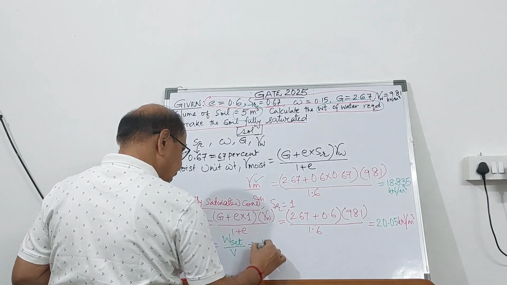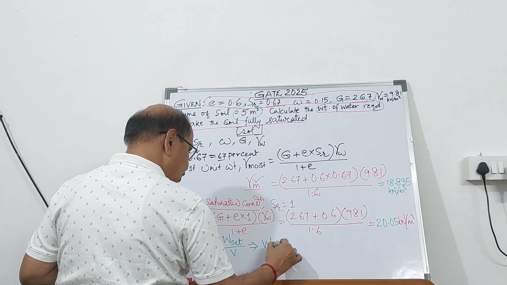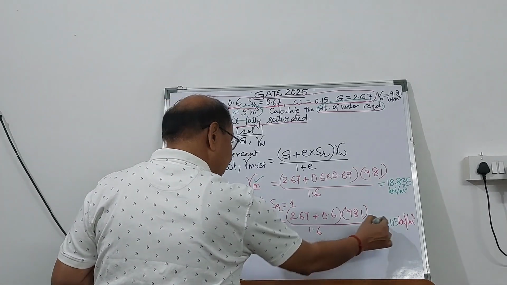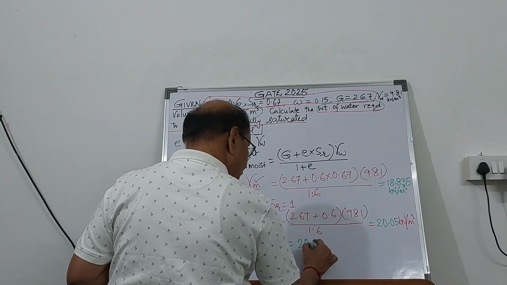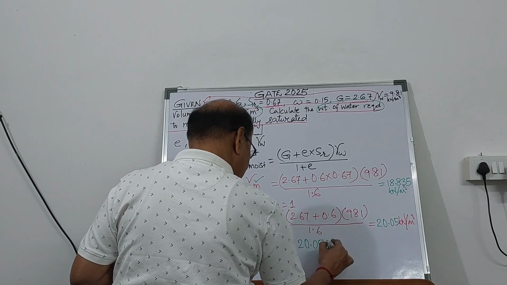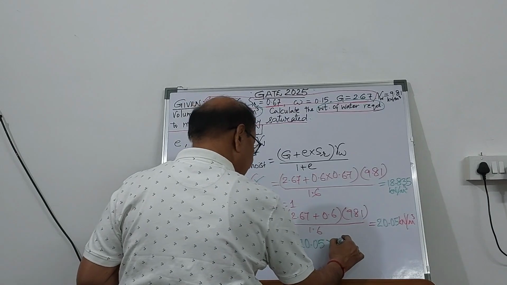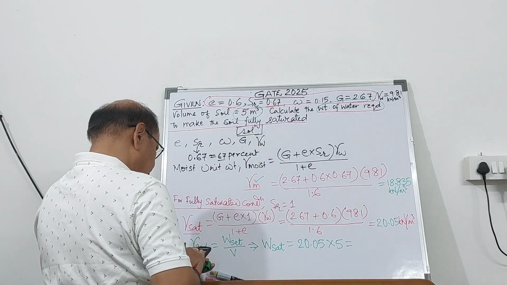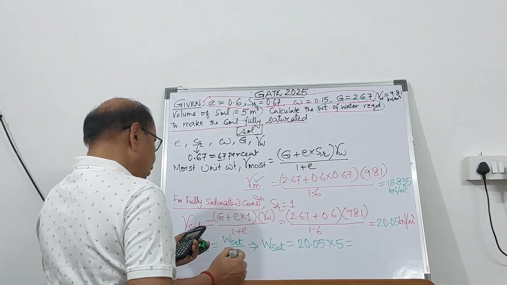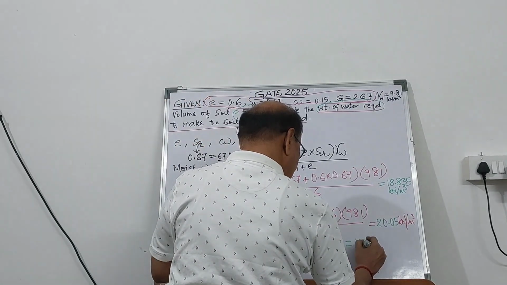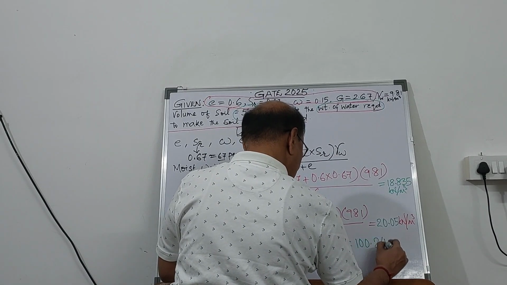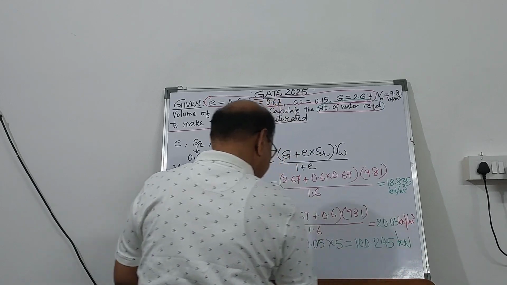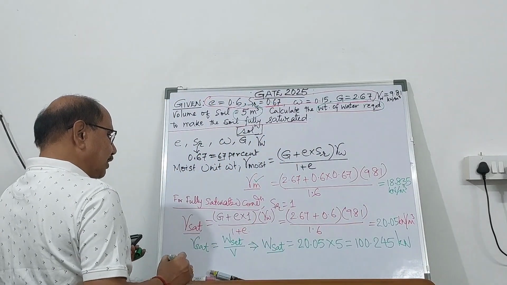So this implies that the weight of saturated soil mass will be gamma sat, which you have calculated as 20.05, multiplied by the volume, that is 5. So if you calculate it, multiplied by 5, there is 100.245 kilonewton. That is the weight of saturated soil mass.